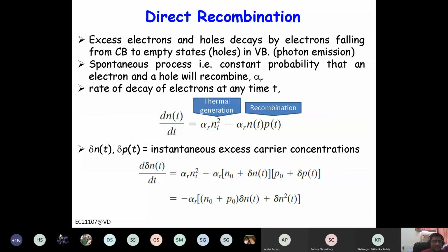Each electron hole pair has the same probability of recombination. So if there are n number of electron hole pairs, then the probability will become n times. You can write it as some coefficient times np, where alpha r is a recombination coefficient. So recombination will be alpha r times n times p.